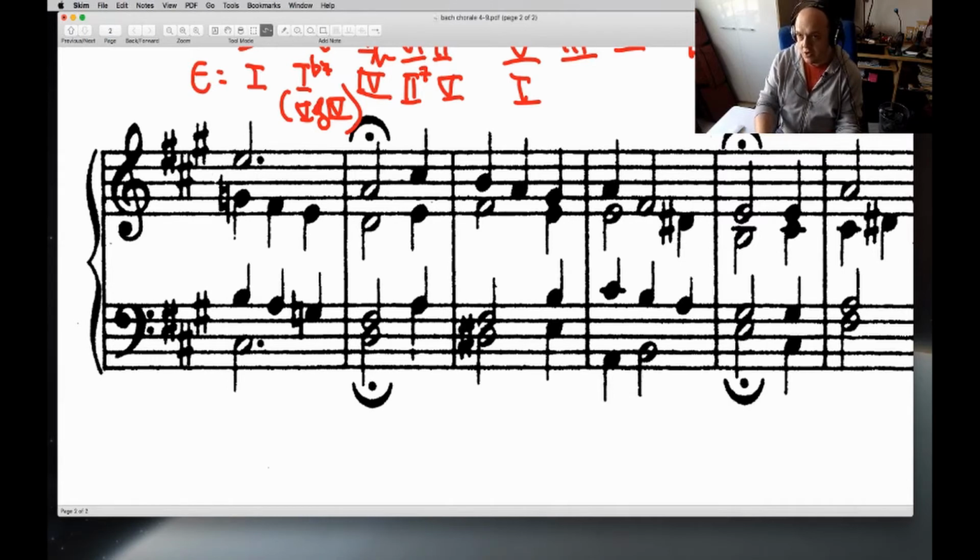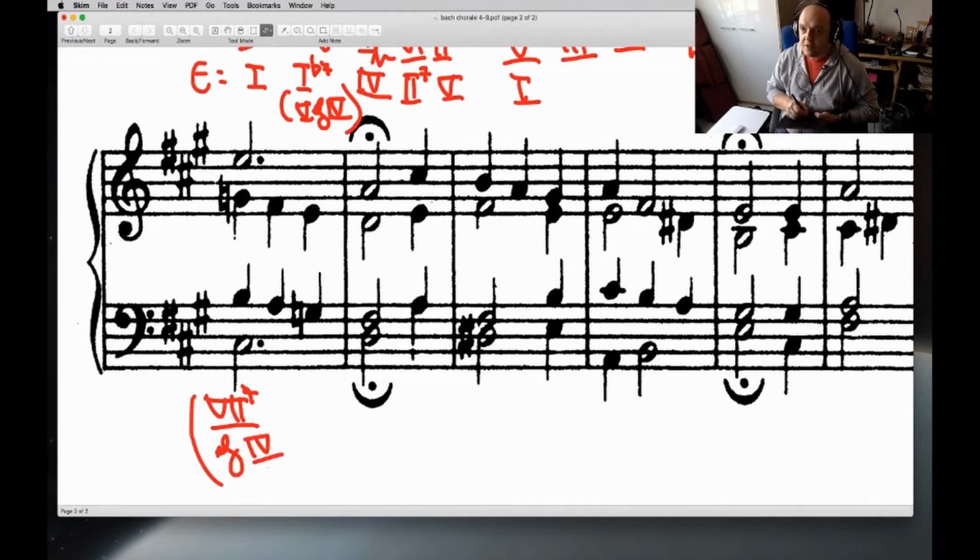Yeah, so that's 7/7 of 4. This is 7/7 of 4. This is 4. So we're still in the subdominant region. We're still gravitating towards the subdominant region.